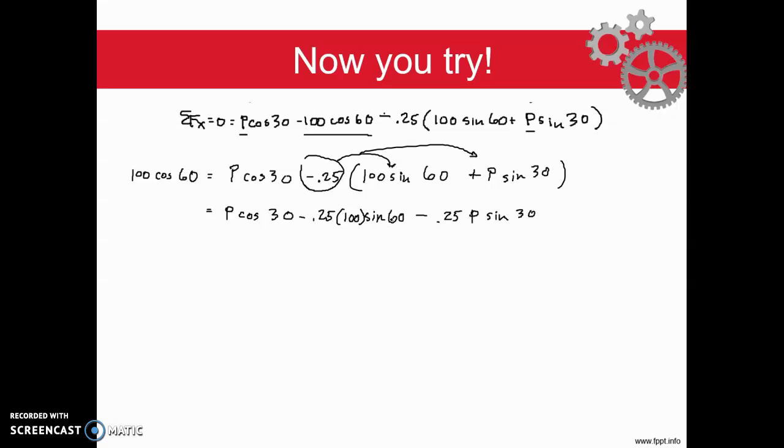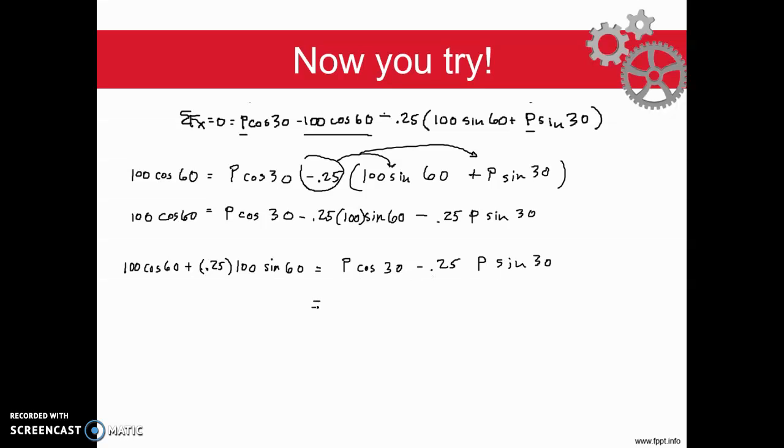Okay, so here's another term that can go over to the other side. So I had over here 100 cosine of 60. So now this becomes 100 cosine of 60. I'm going to add this term to both sides, plus 0.25 times 100 sine of 60 equals P cosine of 30 minus 0.25 P sine of 30.